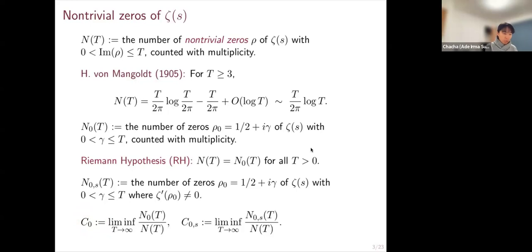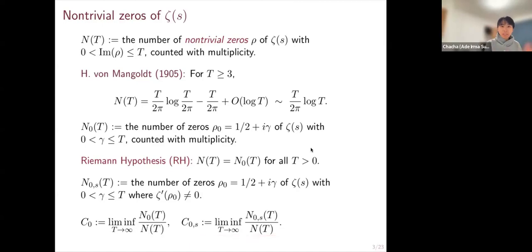Zeros lying on exactly the half line, we call critical zeros, just for convenience. And for those which are also simple, we denote this proportion by c naught s.